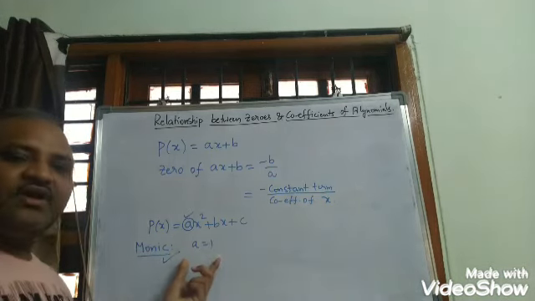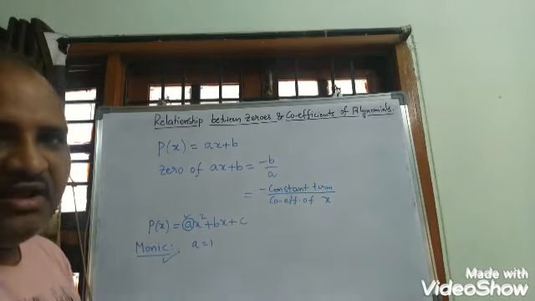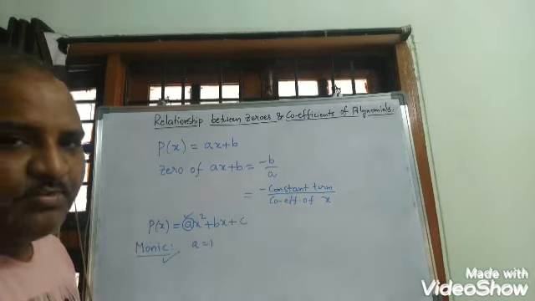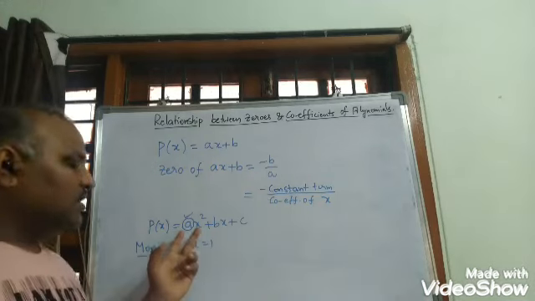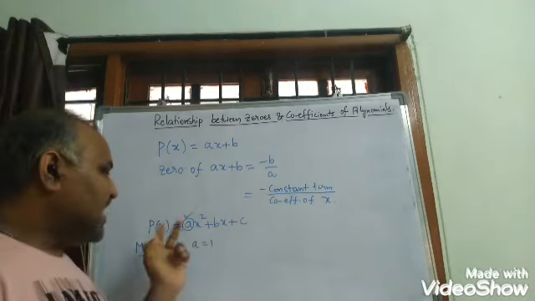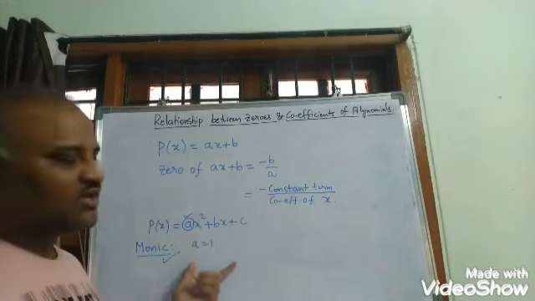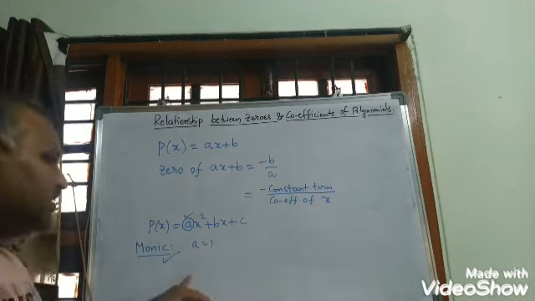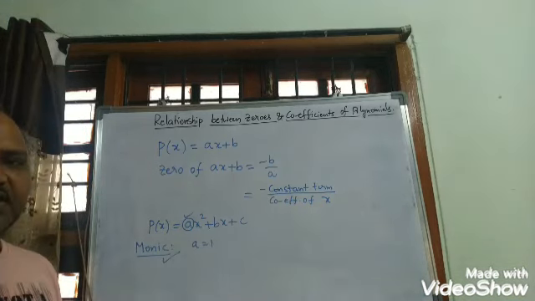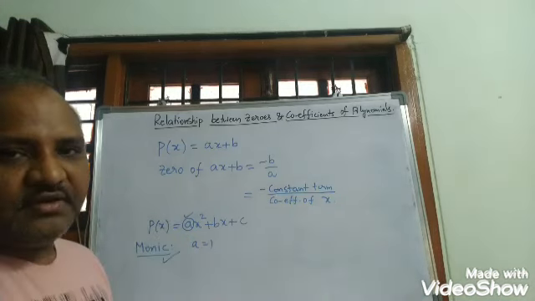This can be for quadratic or cubic or any polynomial with nth degree. Suppose a polynomial of third degree is having leading coefficient 1, then it can be taken as a monic cubic polynomial. Here, as this is quadratic, we can say monic quadratic polynomial.